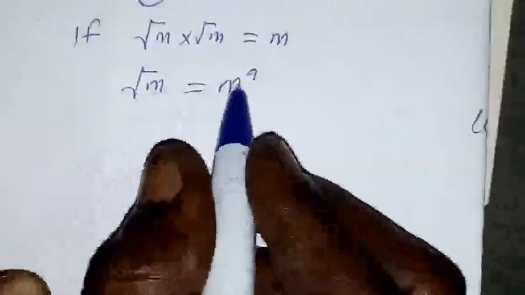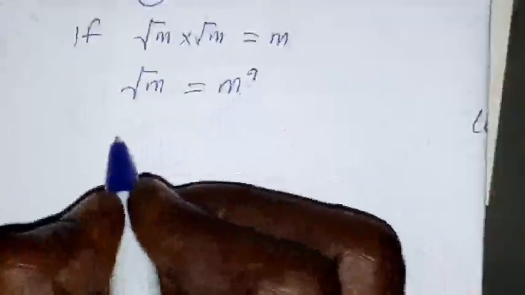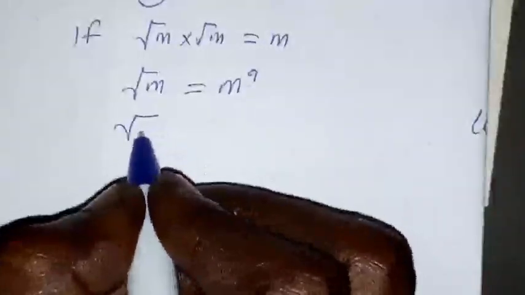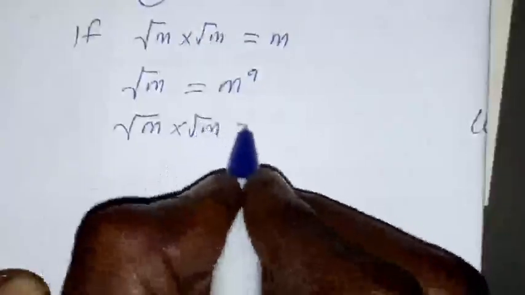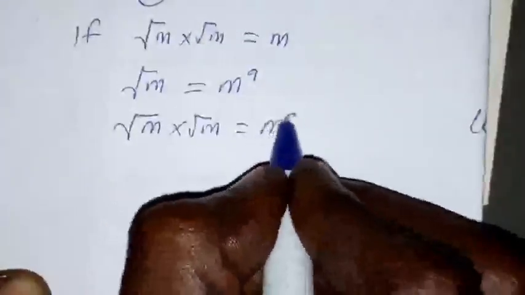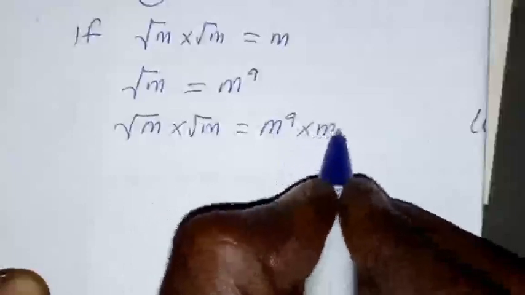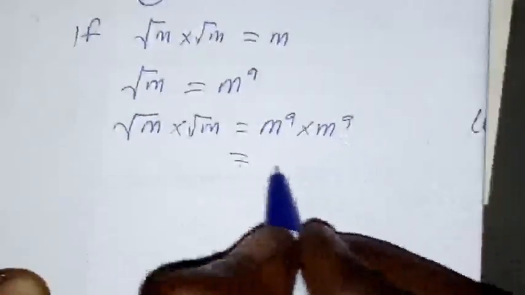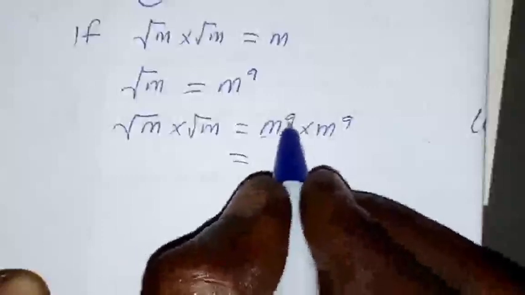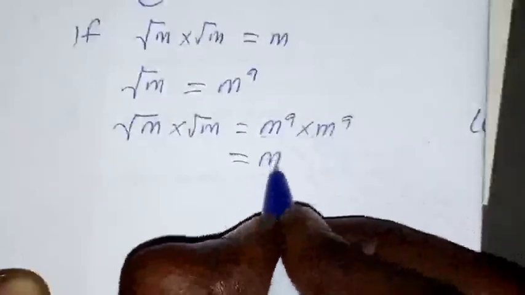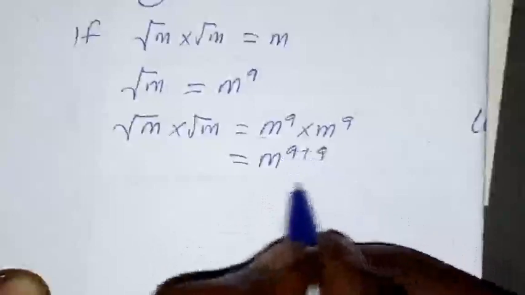If root of m is m to the power of a, then we can say root of m times root of m is equal to m power a times m power a. According to the addition law, when you have the same base, you add the powers. We have m power of a plus a.